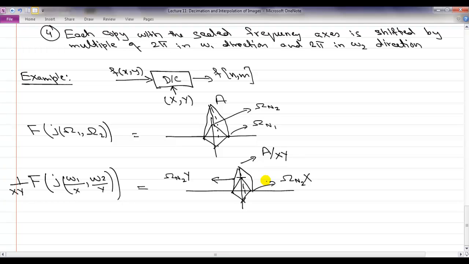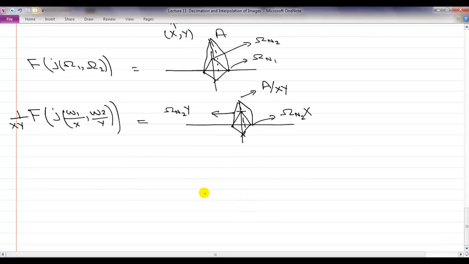Now we just take this copy and we put it at every possible shift in X and Y direction. So effectively in the discrete domain we have a lattice. This is 0, 0, this is 0, 2 pi, 0, 4 pi, minus 2, 0, minus 2 pi, 0, minus 4 pi, and similarly here. We have all these shifts given by multiples of 2 pi shifts in X direction and Y direction.